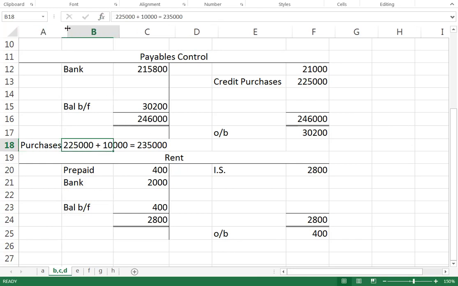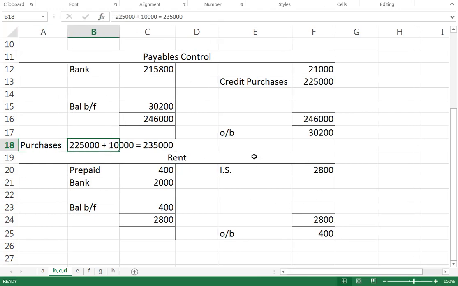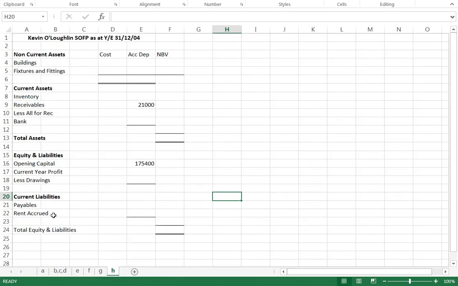Okay. All right, and our rent figure is 28 with an accrued figure of 4,000. So let me see, what have I got here? I've got my balance of 30,200, payables 30,200. I've got my rent accrual of 400.